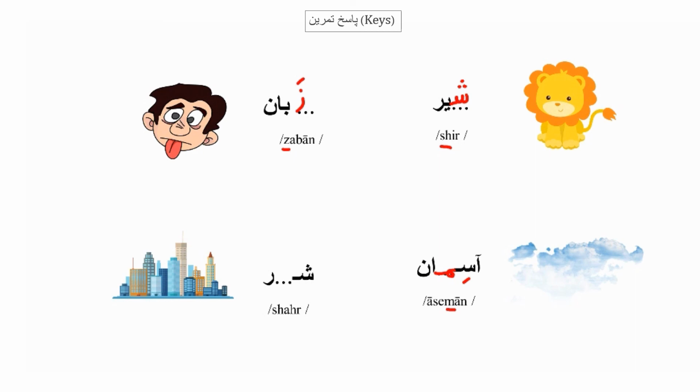And the last word is شهر, city. So we should write he here, شهر, the short vowel A, and then we write our butterfly here. And we connect it to she and also to re, شهر.